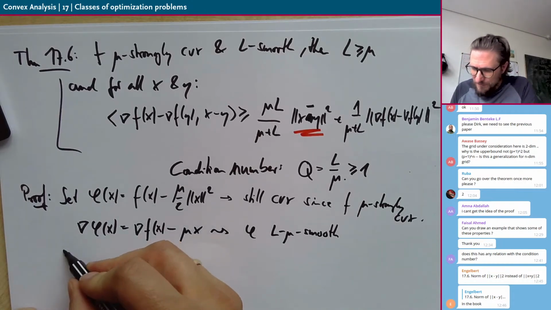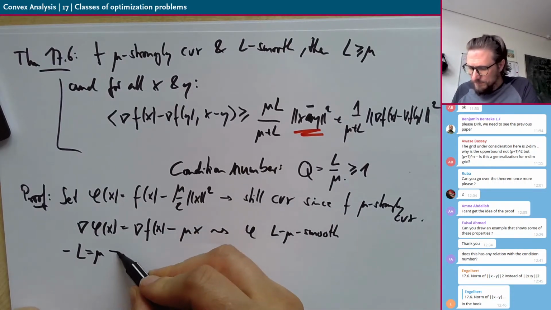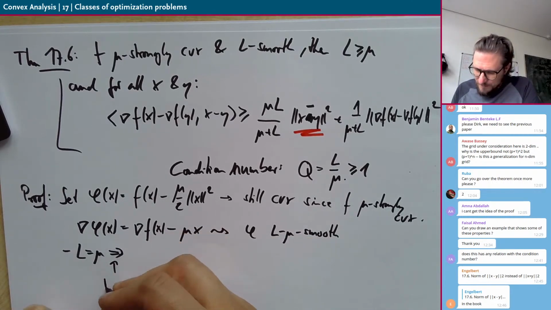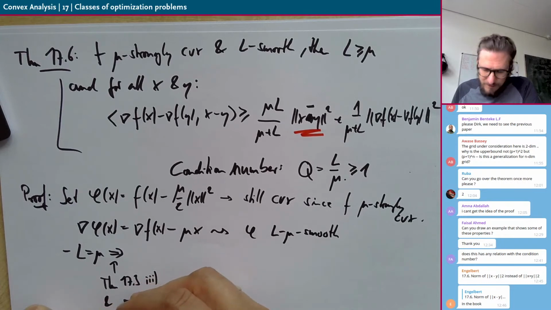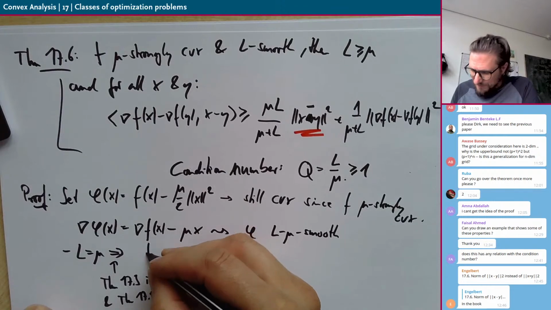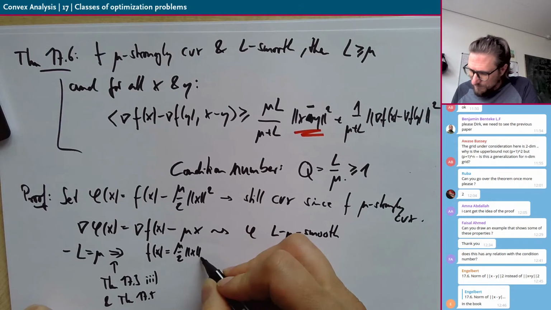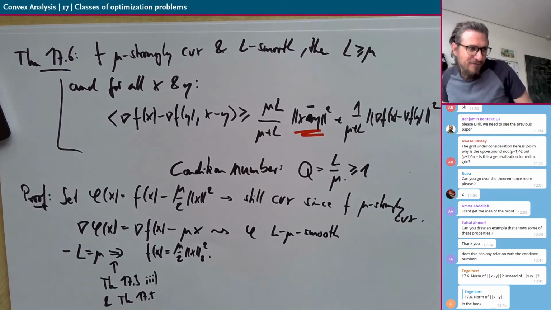So then we have one first special case. If L is equal to mu, then we see, by theorem 17.3.3 and theorem 17.5, that f of x actually has to be equal to mu over 2 x squared, because it's squeezed in between two quadratics, but these quadratics are the same, so the function has to be the quadratic itself.